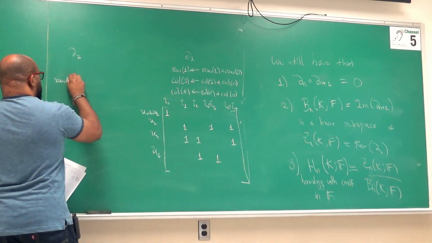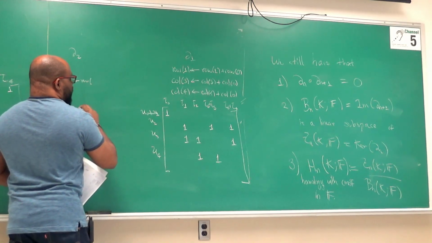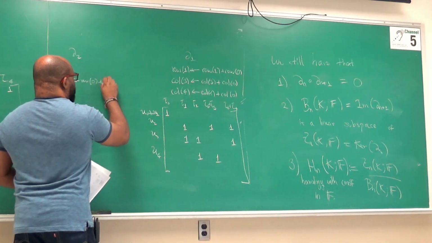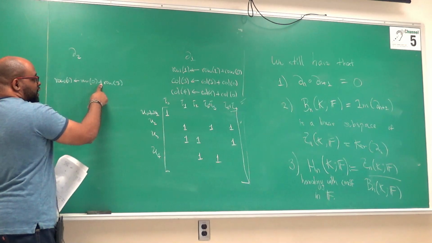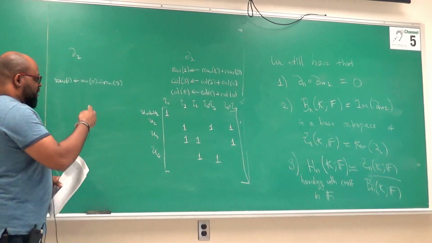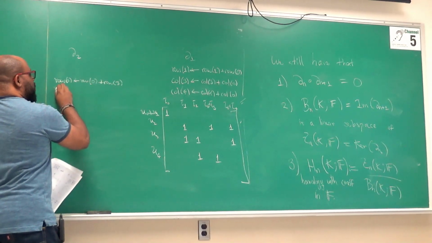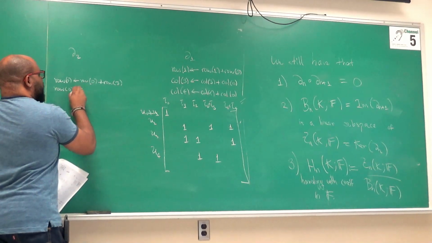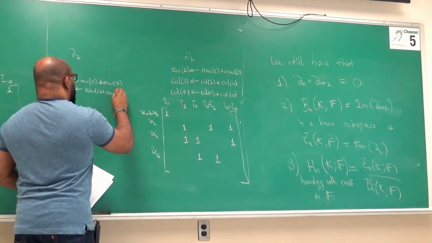So now row 0 gets affected via row 0 plus row 3. I put a plus in here; I should have put a minus, which would have been the inverse, but again, plus is equal to minus over Z mod 2. And then row 0 gets affected via row 0 plus row 4.